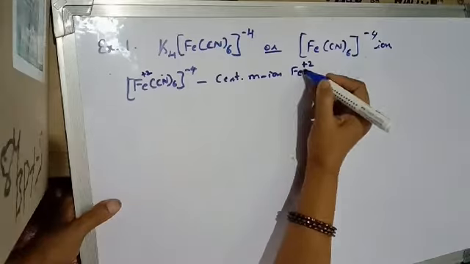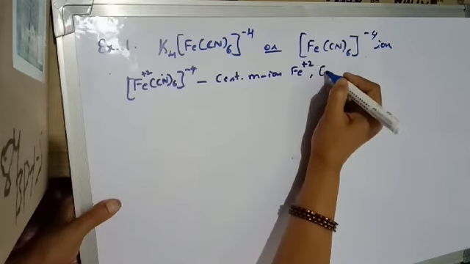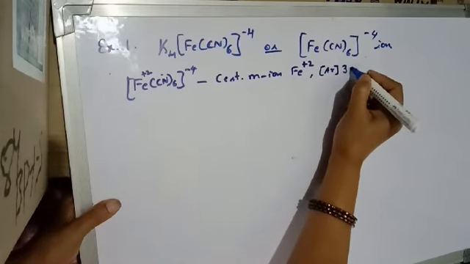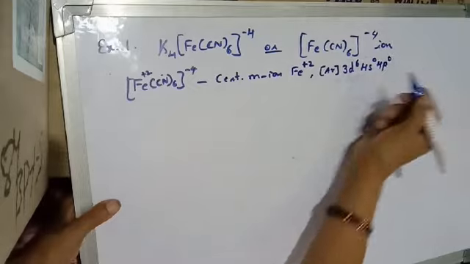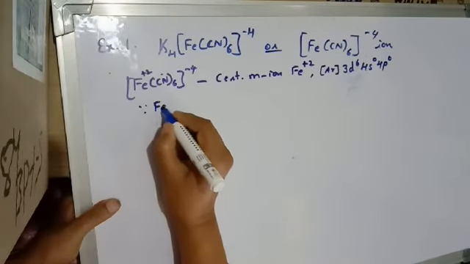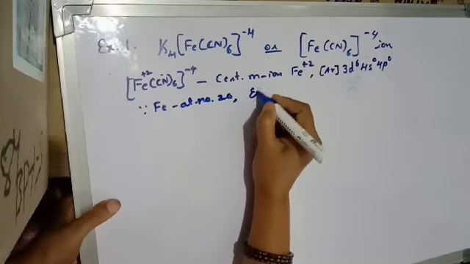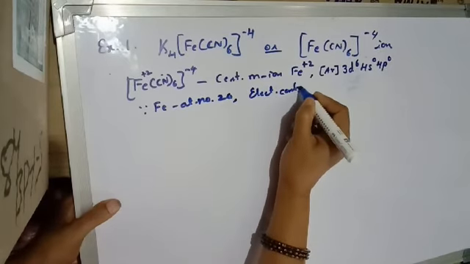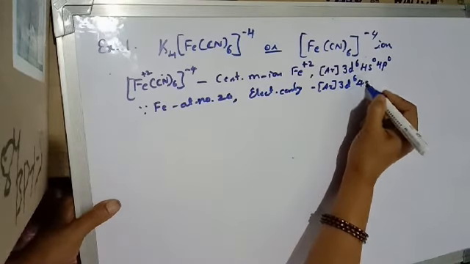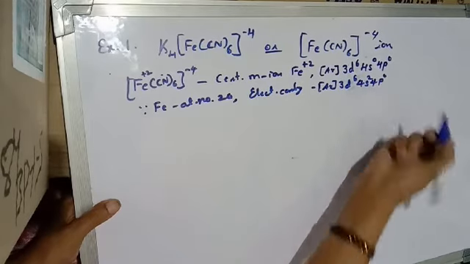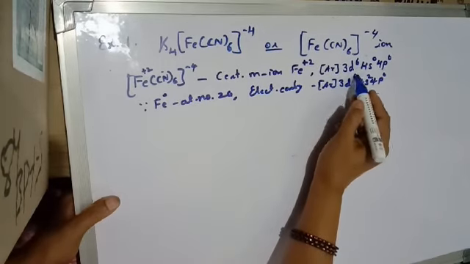Now the electronic configuration of Fe. Iron has atomic number 26, and its electronic configuration is Ar 3d6 4s2 4p0.